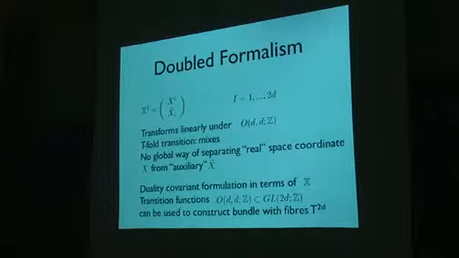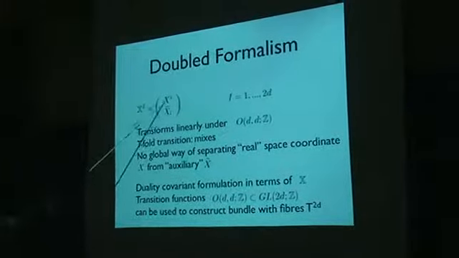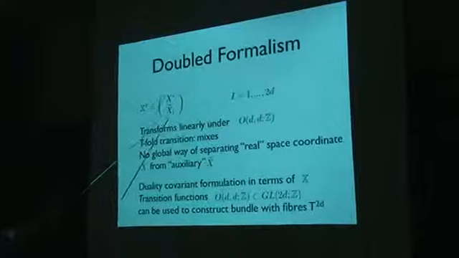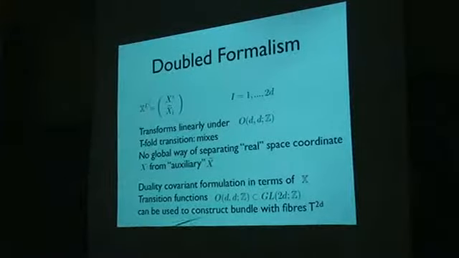And in this way, by doubling the fibers, for a T-fold there'd be a double torus bundle setup where one would have a good torus bundle over the base space, of the double torus, but not of the original one.